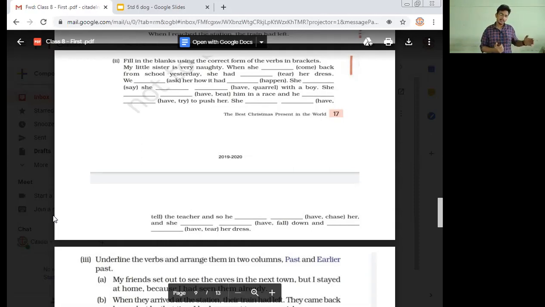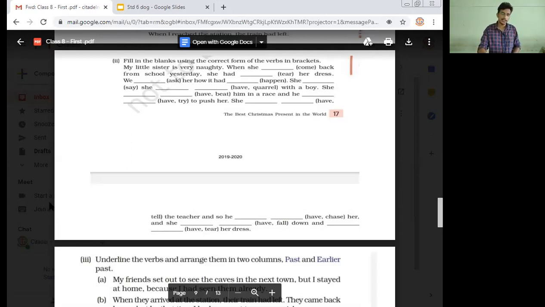So that is how two past events occur in a sentence. The first event that occurred in the past will be denoted as a past perfect, had plus the third form of verb. And the second event, the recent event that happened in the past, will be denoted with the simple past tense. So it will be easier for you when we are dealing with the activities.